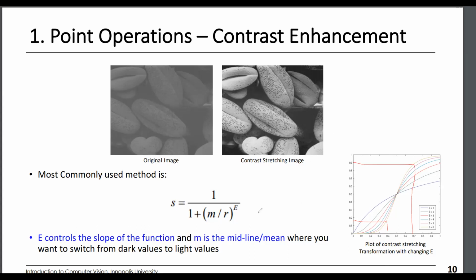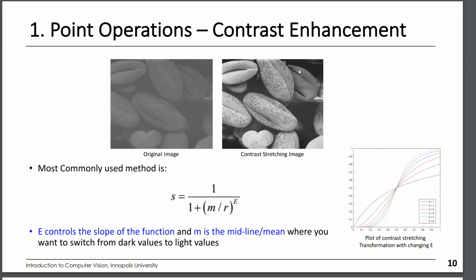This enhances the contrast between the different borders and gives you borders that can be easily detected. If you give an edge detector algorithm the original image, it might have difficulties finding all of these edges, but in this case it's going to do it very easily. So this contrast enhancement technique is definitely more useful for such applications.